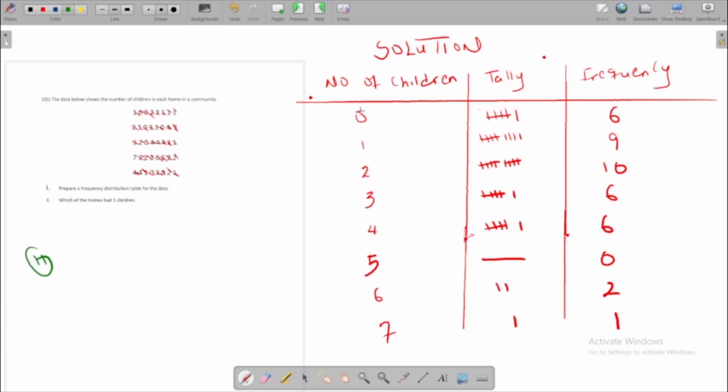So if you look at it, this is 0, 1, 2, 3, 4, and 5. You come under this 5. Which of the homes had 5 children?